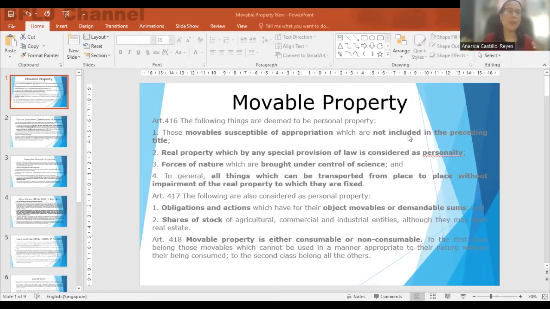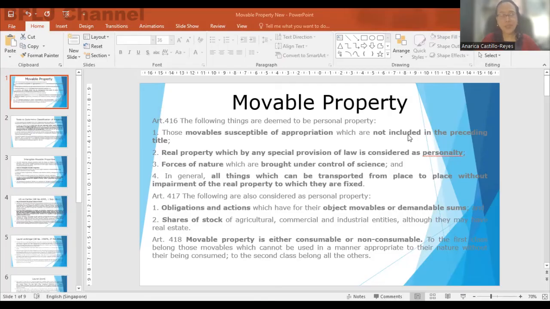Distinguish this from our previous discussion on immovable property. Any contract, if the subject matter of which is a real property, is considered likewise as an immovable property. So in the same manner, if the subject matter of the contract is a movable property, the same may be considered as a movable property.